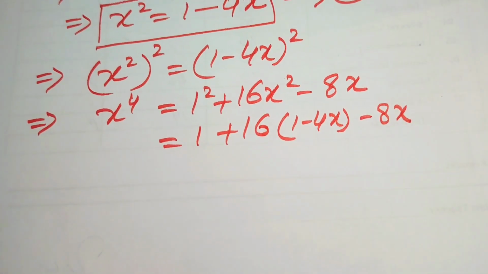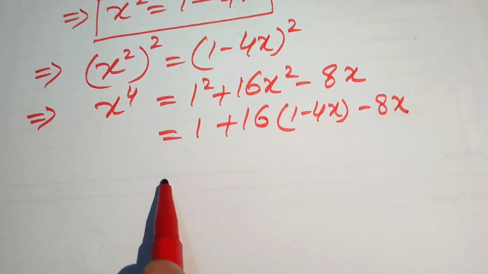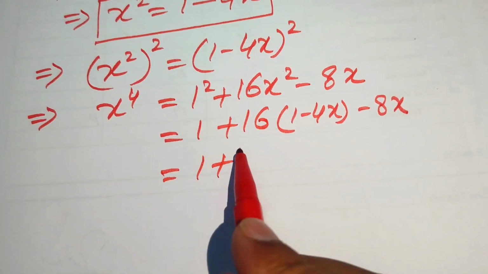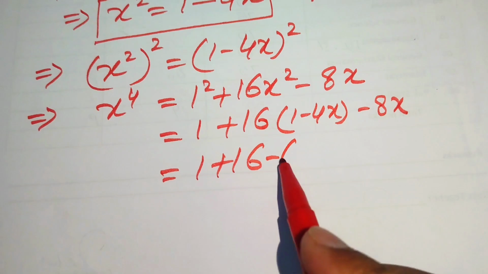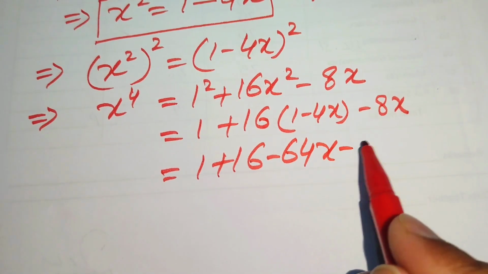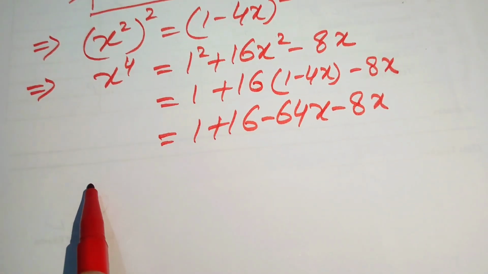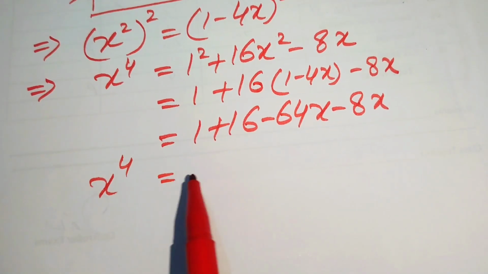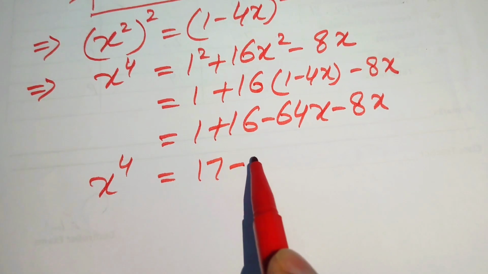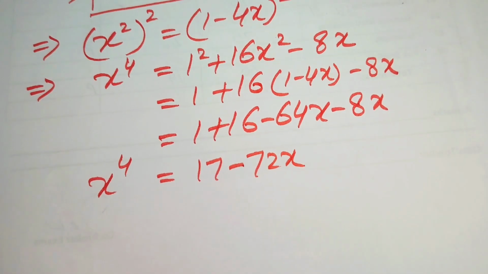So here we need more simplification, so we write it as 1 plus 16 minus 64x minus 8x, so that we get x to the power of 4 equals 17 minus 72x.